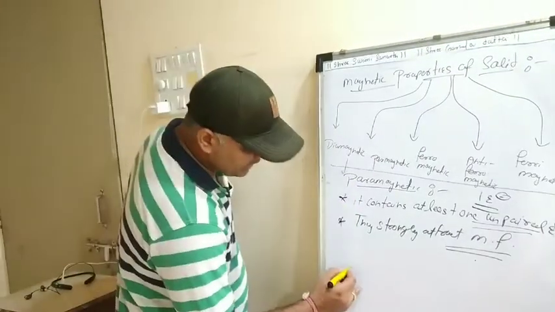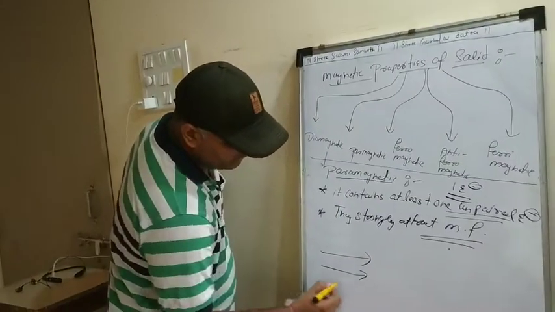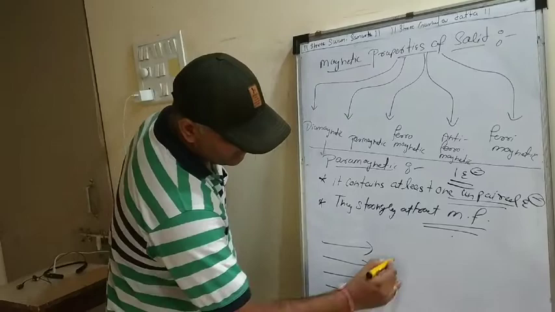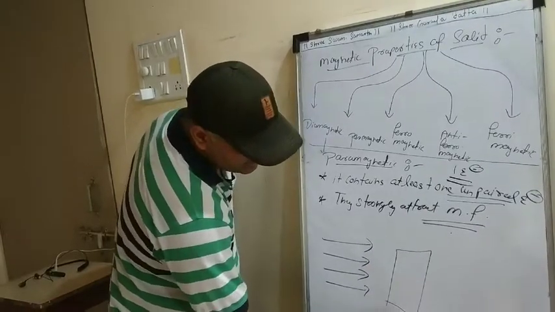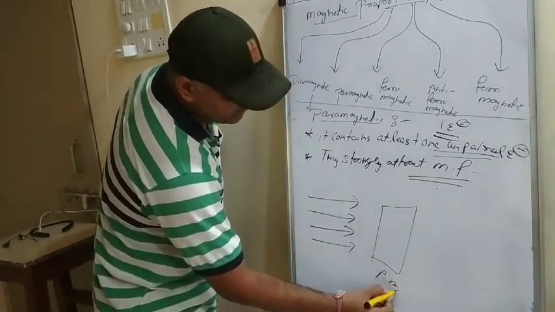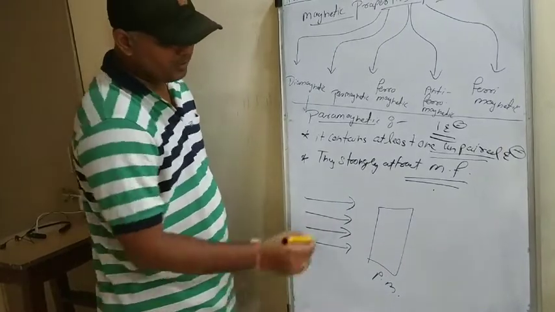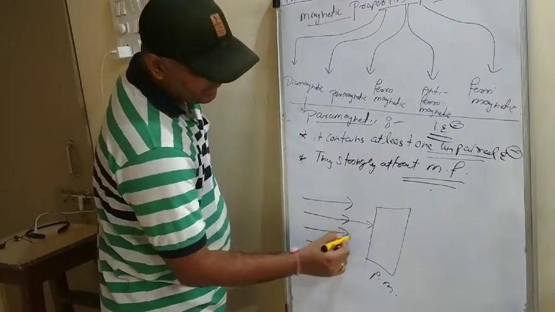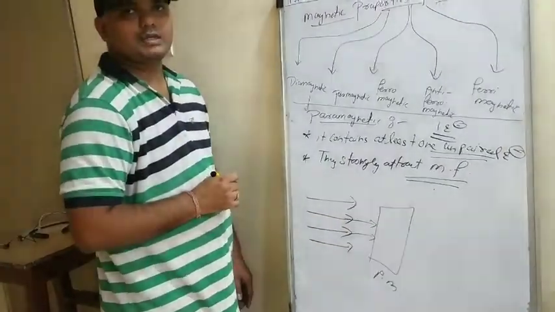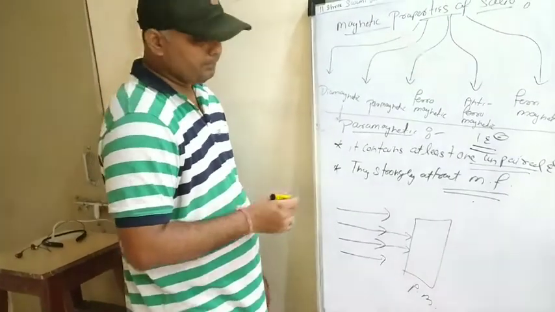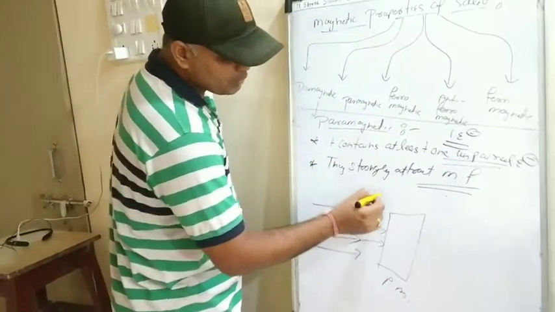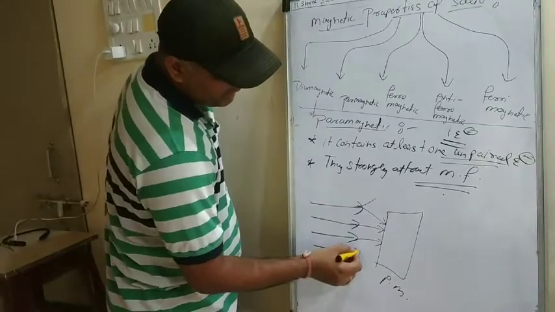Now in this case, let's say this is the magnetic field which is applied. If we place the paramagnetic material in this case, what will happen? The field lines will get attracted towards the paramagnetic material, and even the ones which are going from the outside will also get attracted.